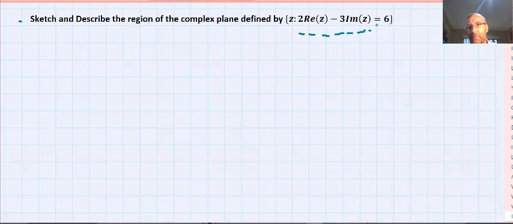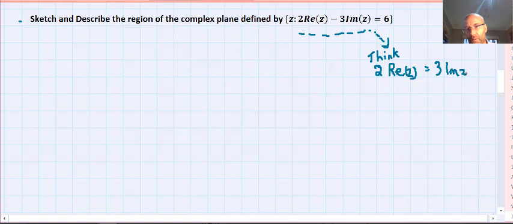Now if you like, you could think differently about this. To get 2 lots of the real z, I need to have 3 lots of the imaginary component of z plus 6.